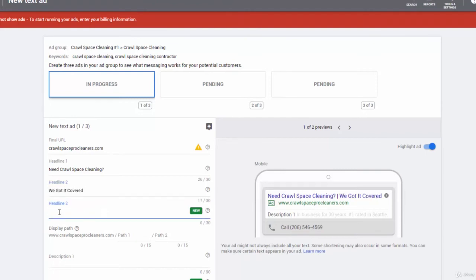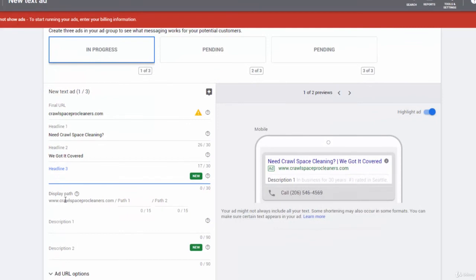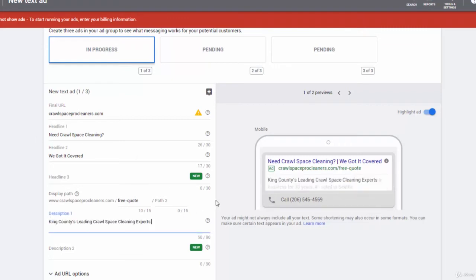Okay, great. And then we're not going to have a headline 3 there. We're going to have the path here. So let's put a free quote. And then let's go to description number 1 here: King County's leading crawl space cleaning experts. And then description 2.